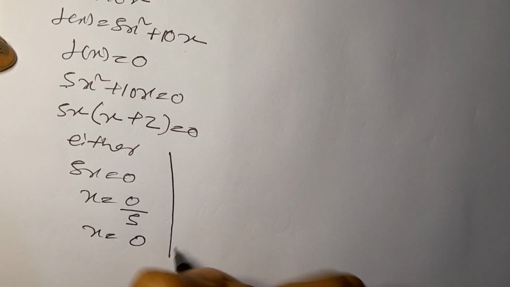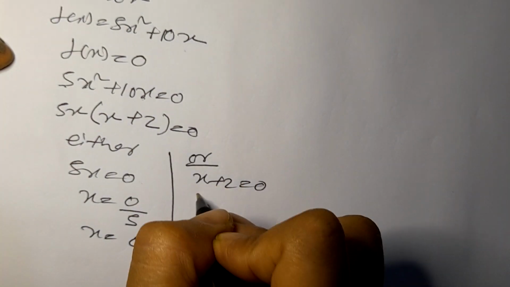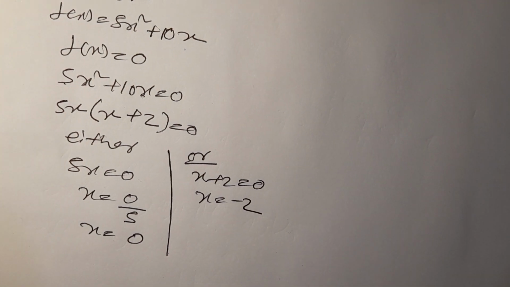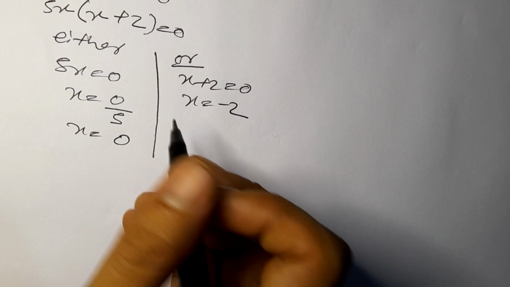Now or, there is x plus 2 equal to 0, so x equal to minus 2. So we got the zeros of the polynomial, that is 0 and minus 2. The value of x, that is the zeros of the polynomial.